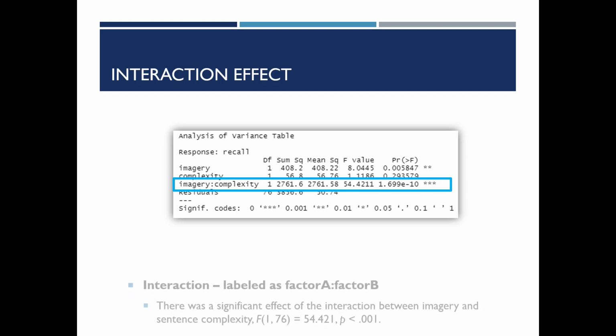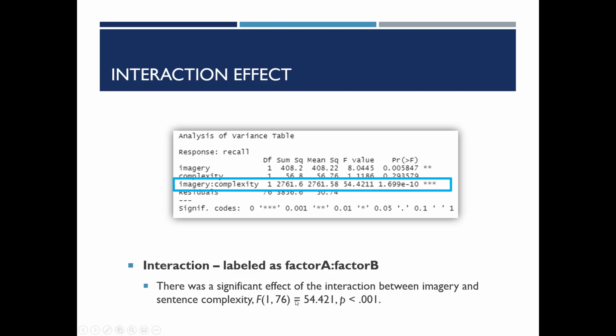Essentially, you can just write it up saying that there was a significant effect of the interaction between imagery and complexity, and then give the F-statistic, just like you did for the independent factors, imagery and complexity. Again, the way you report it in terms of statistics is exactly the same. In the next mini lecture, we'll talk about how to add more information so that we can tell the audience where within that interaction term there were mean differences.